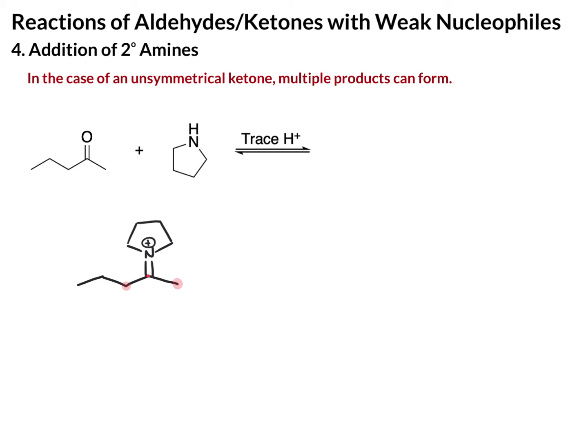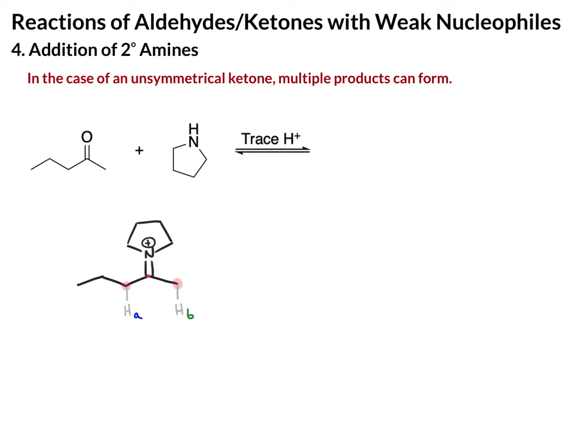The one on the left has 2 hydrogens. We're going to draw in 1. The one on the right has 3 hydrogens. Again, I'm just going to draw in 1. Okay, so let's label these proton type A, proton type B, and we'll go through the pathways for each.